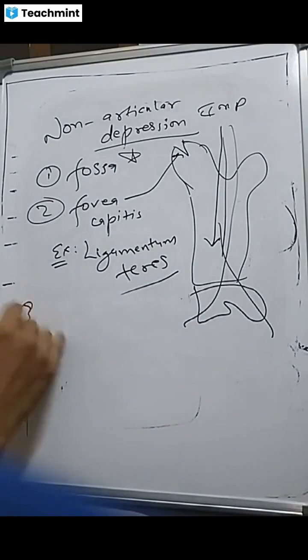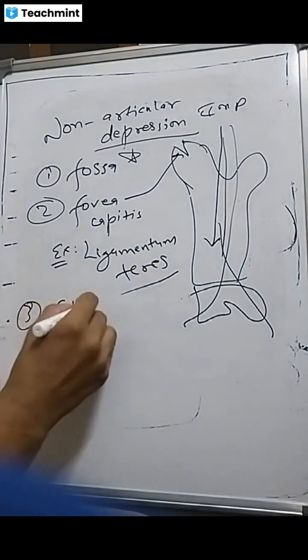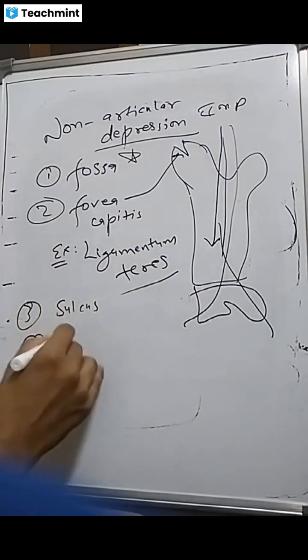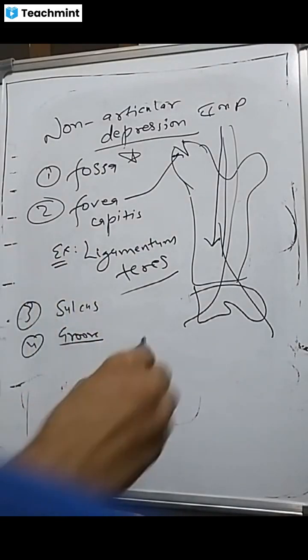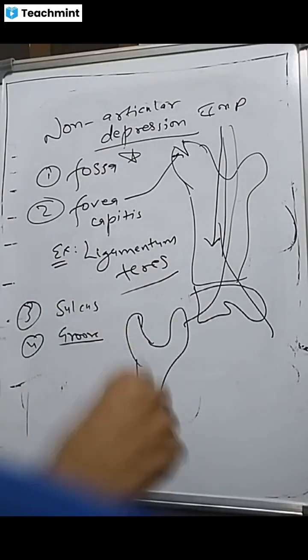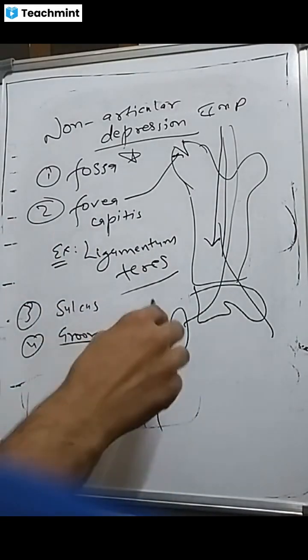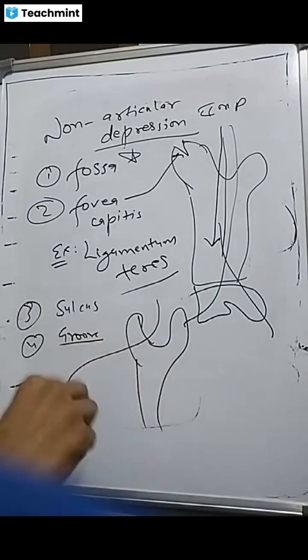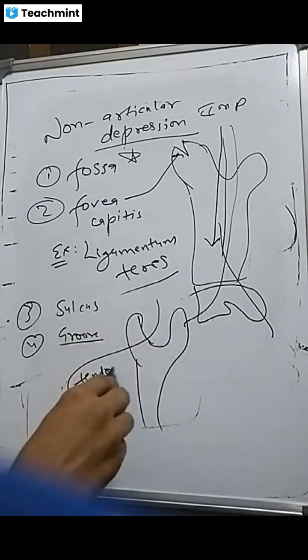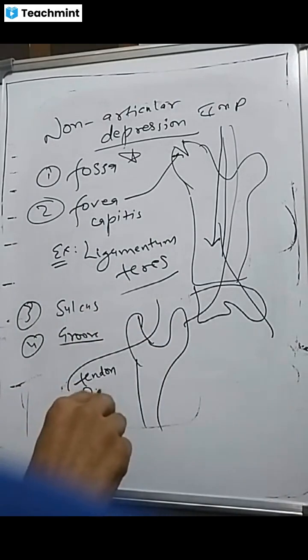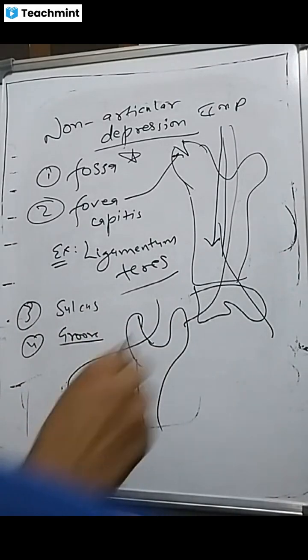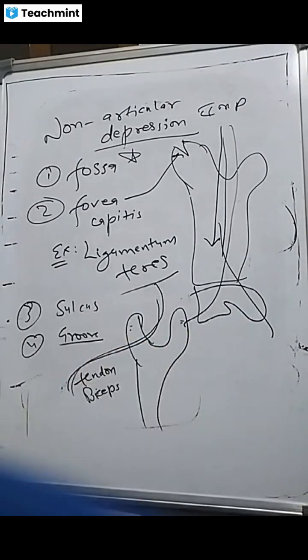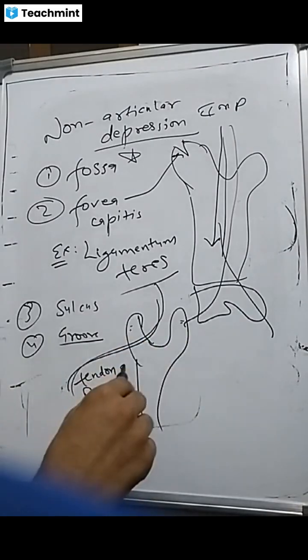Then number 3, sulcus. Number 4 is groove. In case of humerus, bicipital groove, what is passing? The tendon of the biceps muscle.